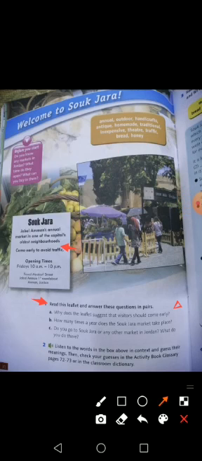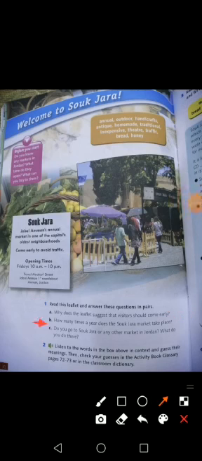The leaflet suggests that the visitors should come early to avoid traffic, right?